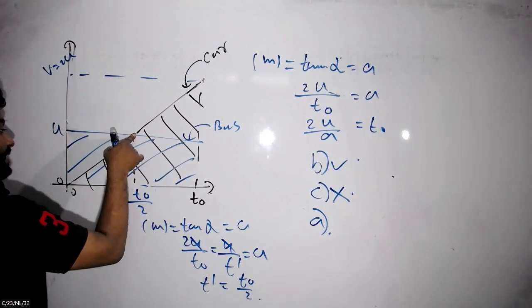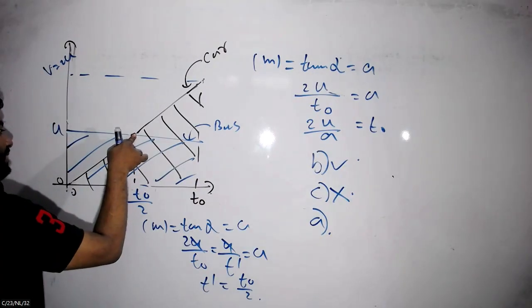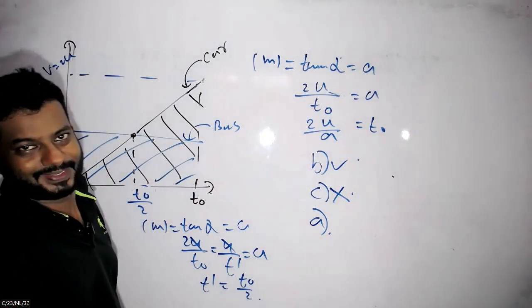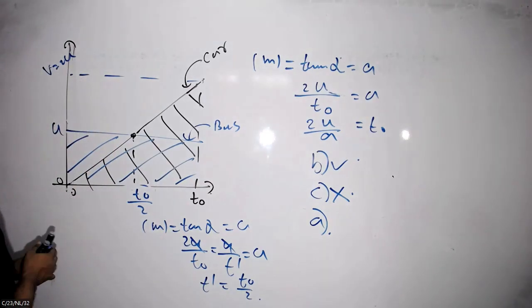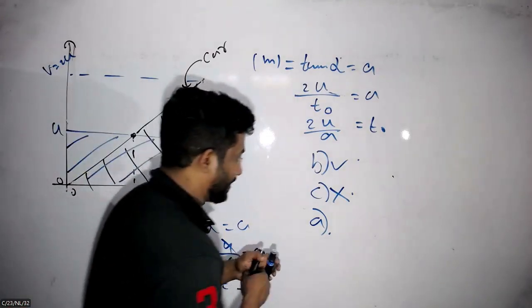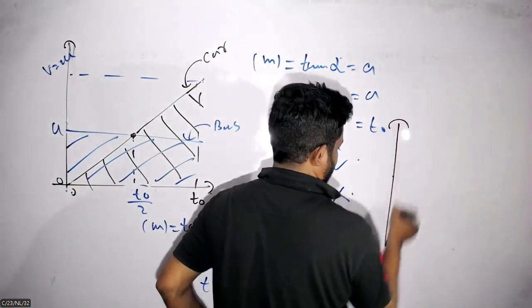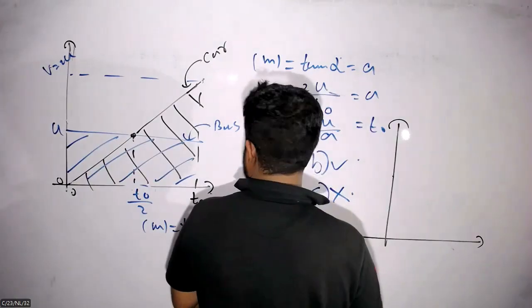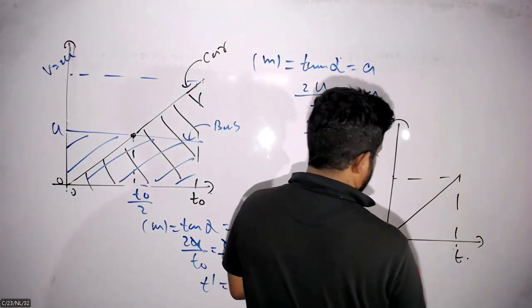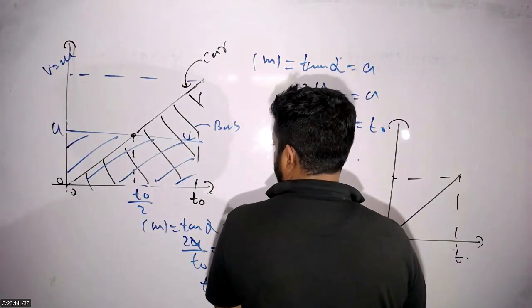Now you know that when the velocities of the two objects are equal, the time taken is t naught over 2. Right? Then you can identify the displacement of the two objects. Let me explain. This one is the velocity time graph of the car when their velocities are equal.